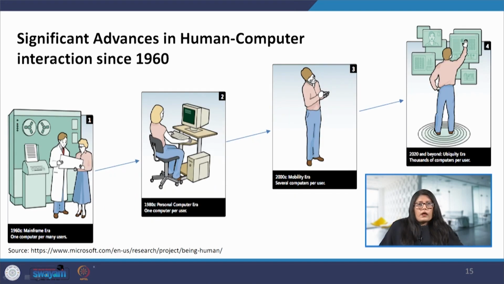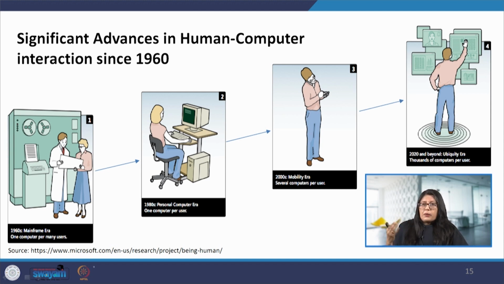Now if we see the advancements in human computer interaction since 1960, we can see that from the beginning 1950s to probably the 70s or 80s, it was the mainframe era. In this mainframe era, the computer systems were quite huge and used to occupy a lot of space, like we saw the ENIAC earlier, and they were generally a central facility in an institute, and they were not on any network.